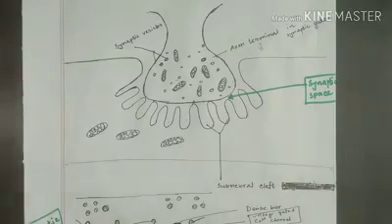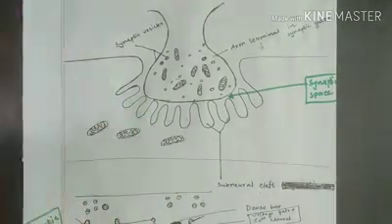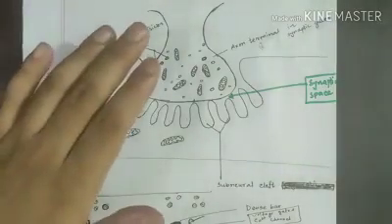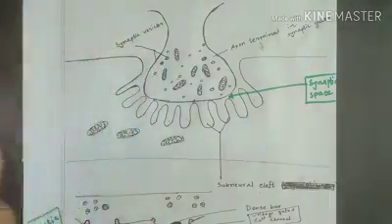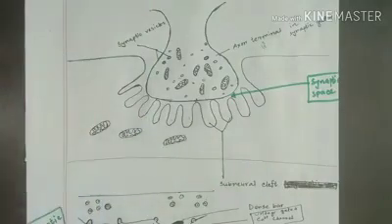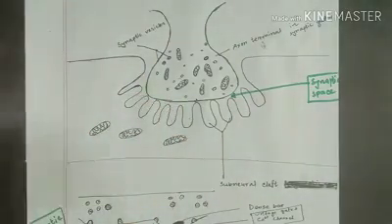This minus 80 to 90 millivolts pulls the positive sodium ions inside, and simultaneously it prevents the efflux of the potassium ions. For these two reasons, sodium flow is far more than that of any other positive ions.